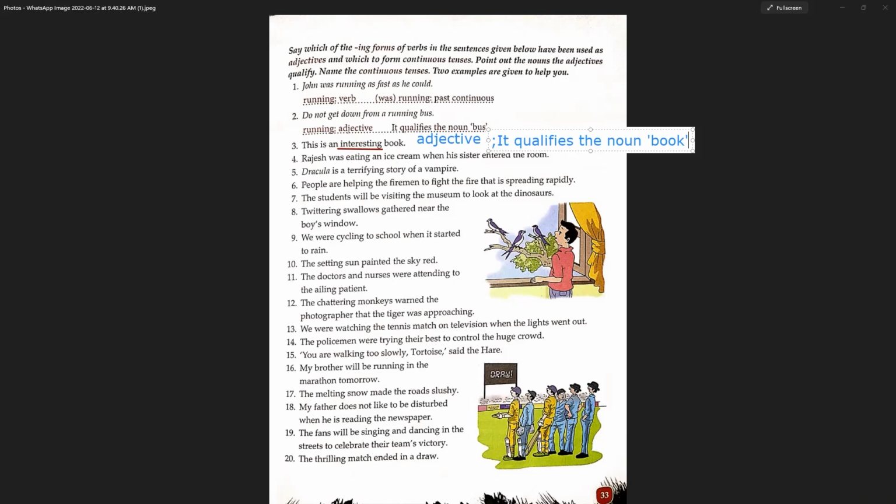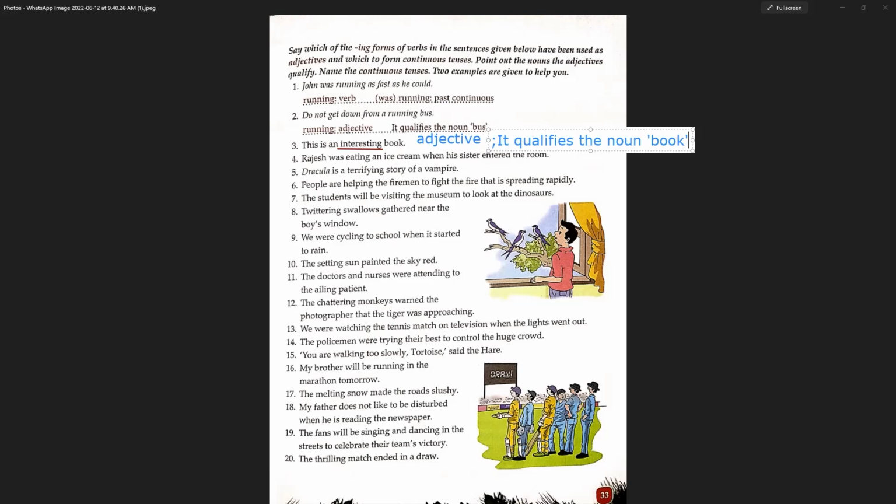Okay, what is the ing form, Methuni? Eating. Exactly, eating. Okay, eating is the ing form. So we have to take the helping verb also, was eating. So what is there? Is it an adjective there? No, exactly. Correct. And what is there?